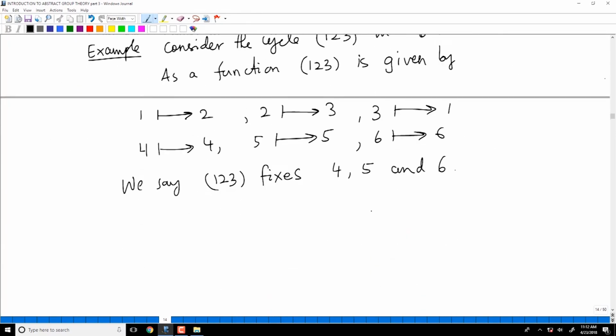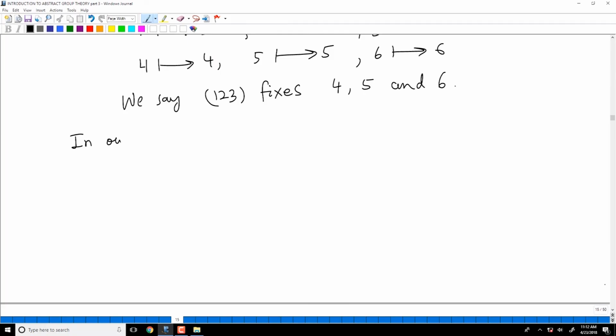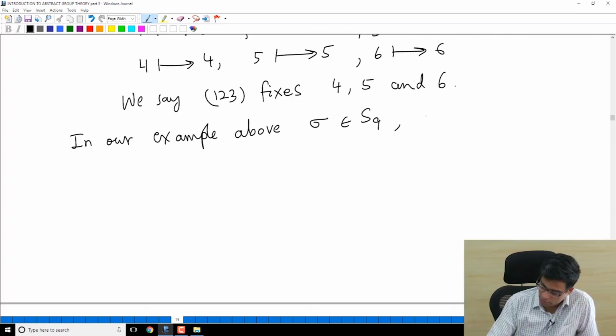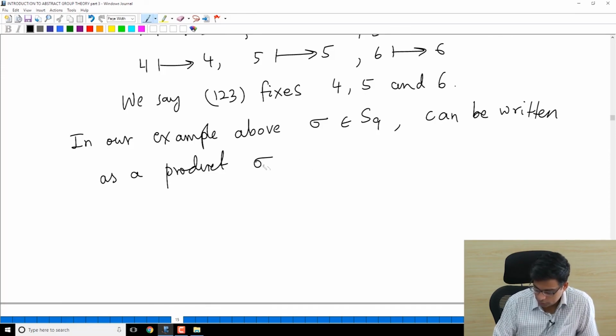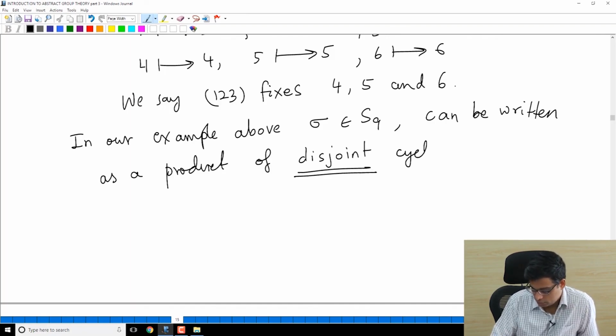So in our example above, sigma which was in S9 can be written as a product of disjoint cycles, let me explain this in a minute, in the following way.